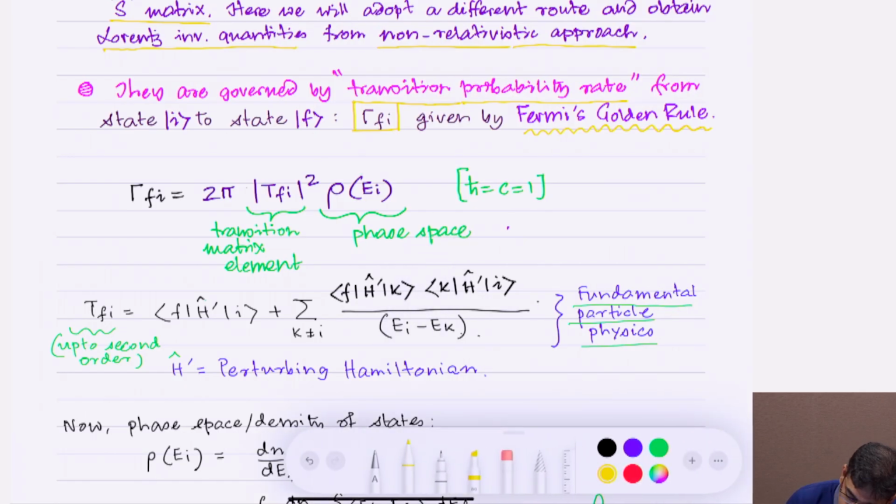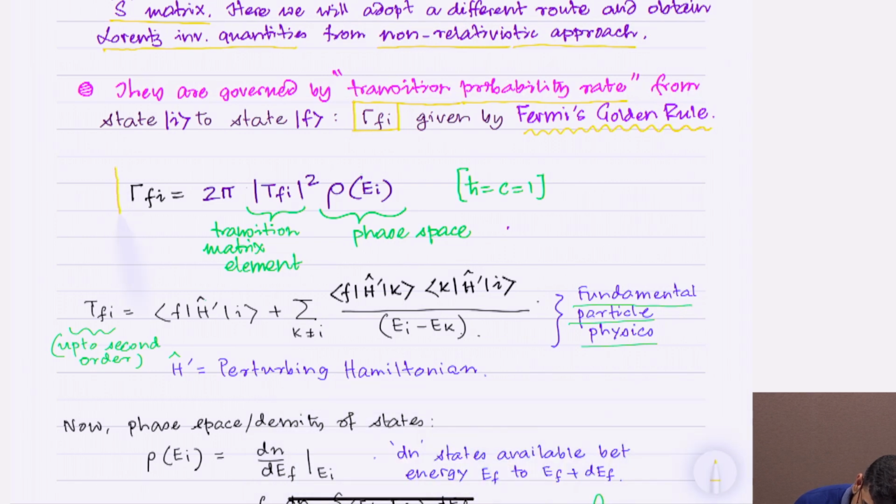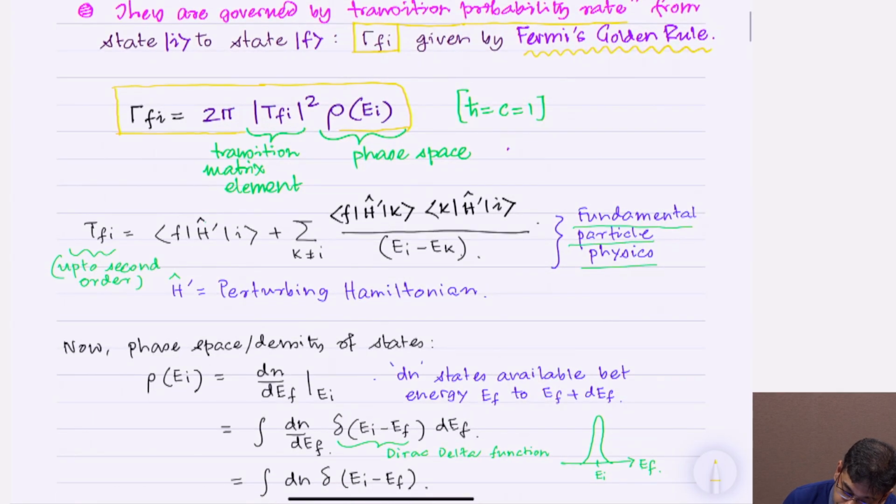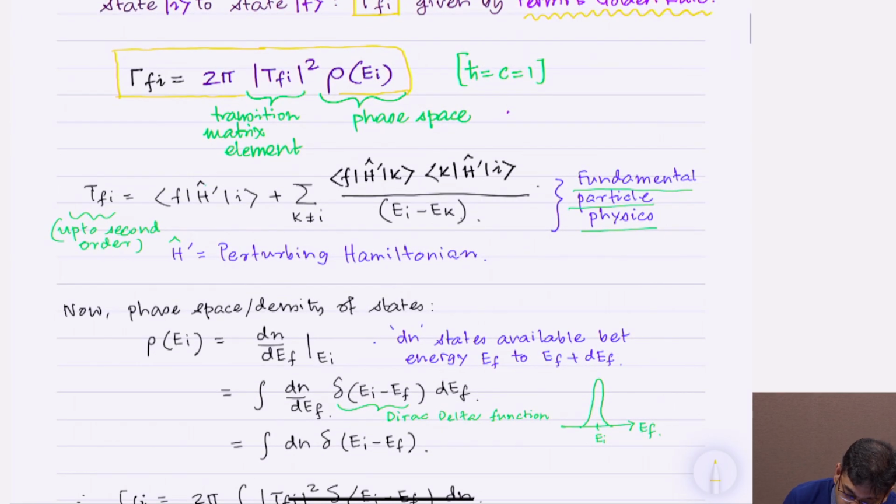So, this is the transition rate from state I to state F given by Fermi's golden rule, which basically has two components in it, one which is the transition matrix element and the other is the phase space.